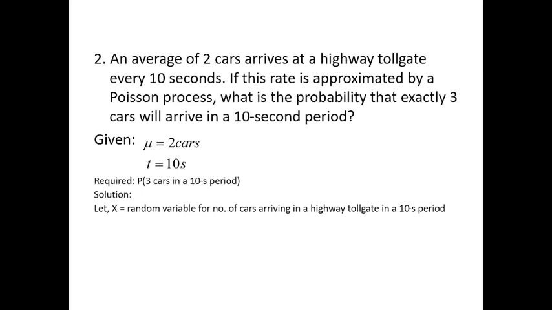First question, what is being asked in the problem? What is the probability that exactly three cars will arrive in a 10-second period? Exactly three cars. What does the three count? Cars. Therefore, the random variable is the number of cars.